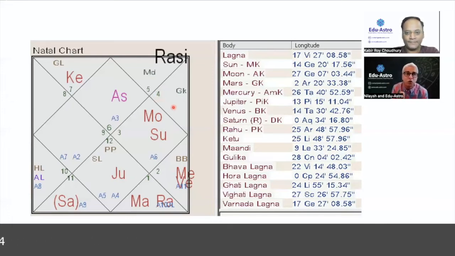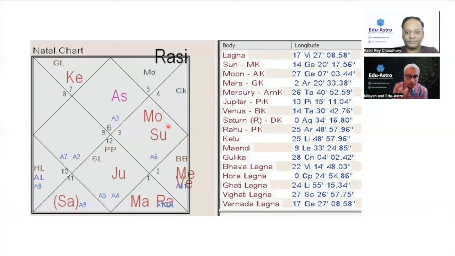He always goes towards social life. He likes to communicate regarding his profession, about his achievements, about his status in life. Because that Mercury, the Lagna lord, is very close to the moon.